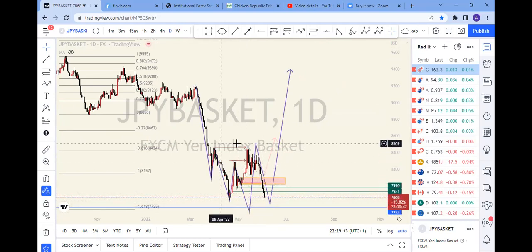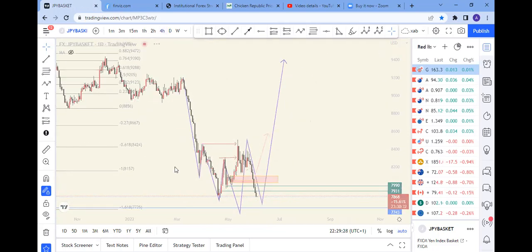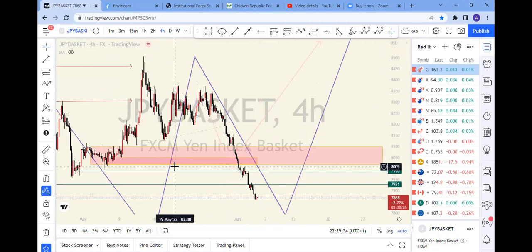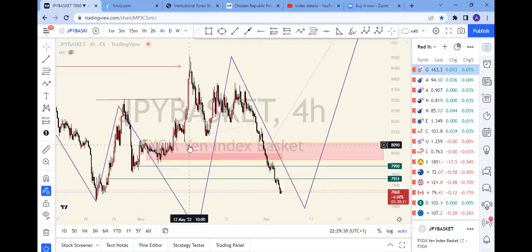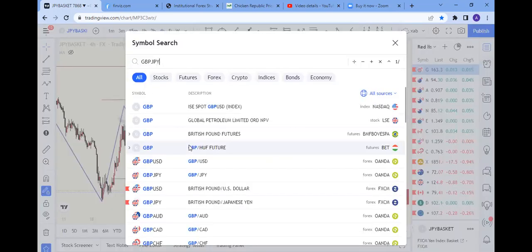We talked about price breaking structure and coming back for a retest. The retest could either happen around here, or maybe somewhere around here. We're expecting JPY to start getting stronger, probably from Tuesday or Wednesday. So based on that, it's important that we consider that in our GBPJPY analysis.